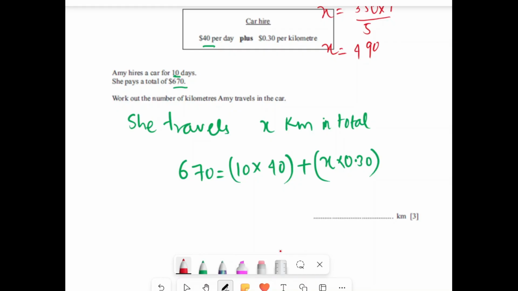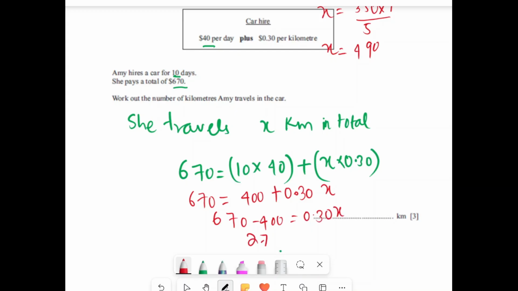So 670 is equal to 400 plus 0.30X. 670 minus 400 will be equal to 0.30X. It will be 270 equal to 0.30X, and X will be equal to 270 divided by 0.30. Upon simplification, it will give you 900 kilometers.